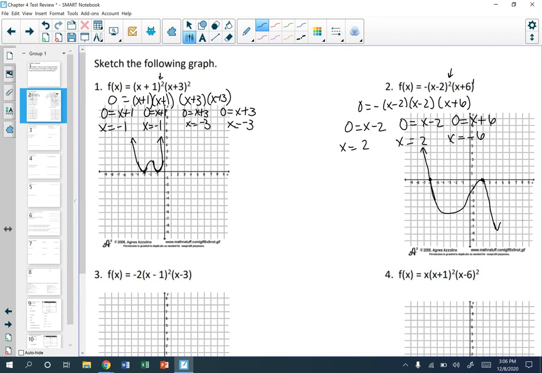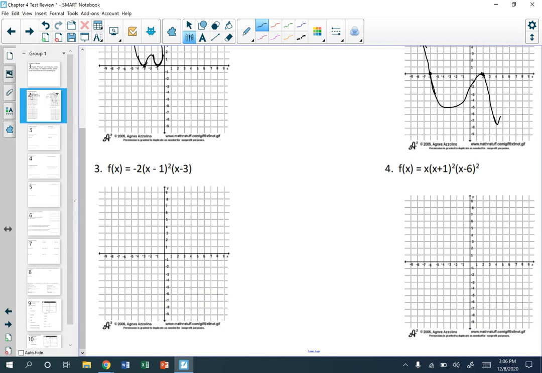All right, number 3, again, same exact process. I'm setting this equal to 0. I'm going to rewrite this squared as (x - 1)(x - 1), and then the (x - 3). Set each of those terms equal to 0 and solve for x. So I know my degree here again is 3, so I'm going to have opposite end behavior.